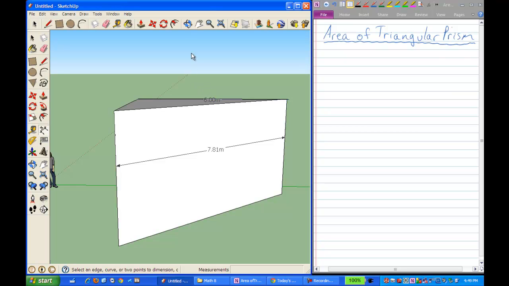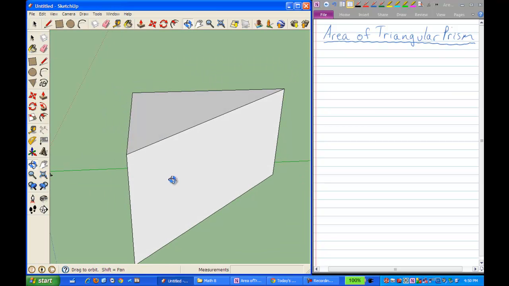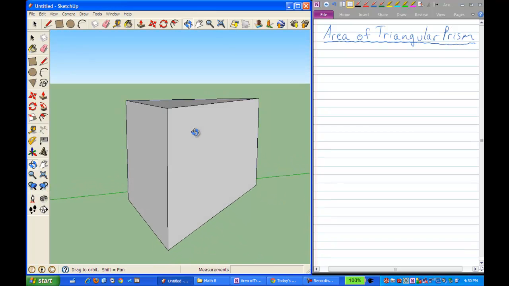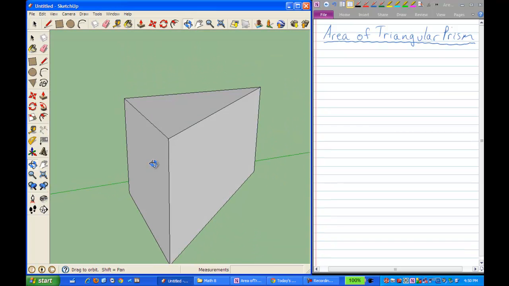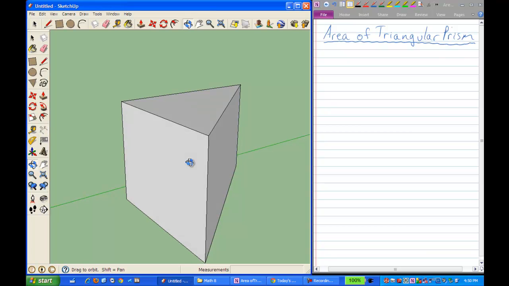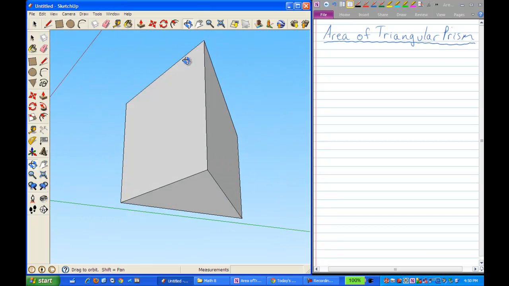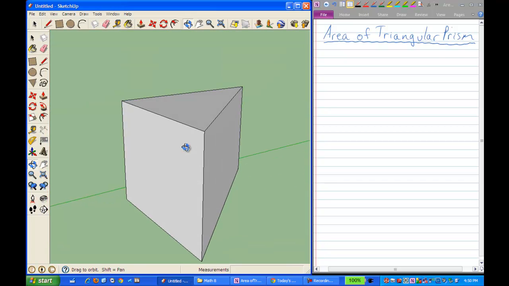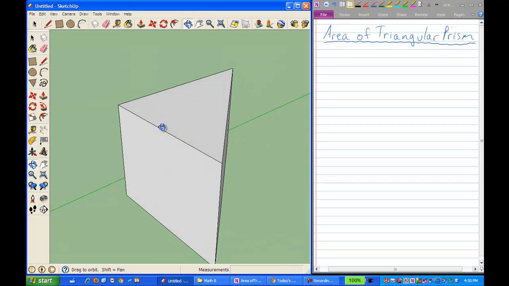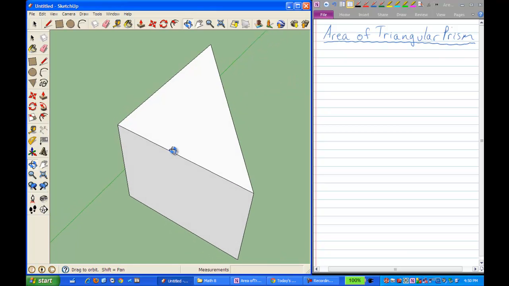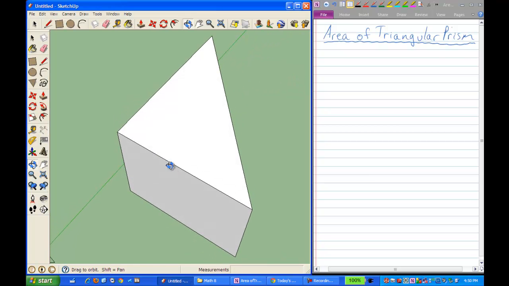Alright? So now, here's what we need to look at. In our triangular prism, we have 3 different rectangular faces, and we have 2 congruent triangular bases. So the triangular base area, because it's half of a rectangle, here's what we look at with our formula.